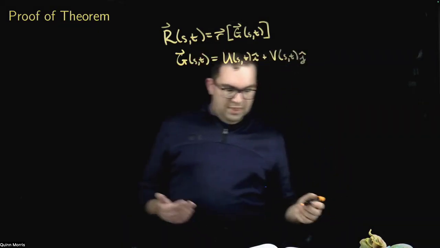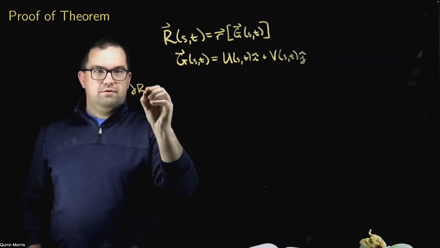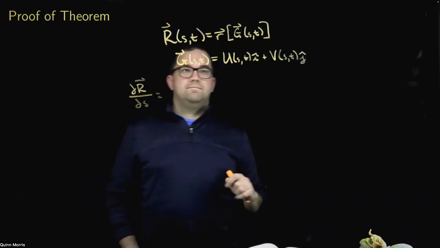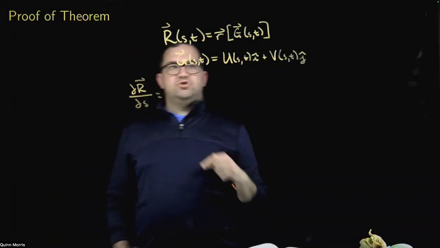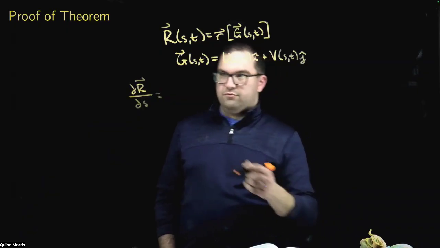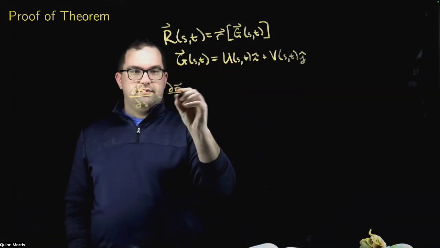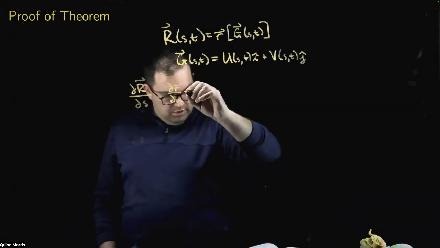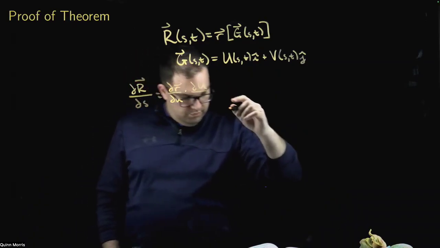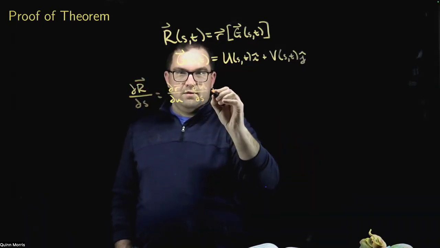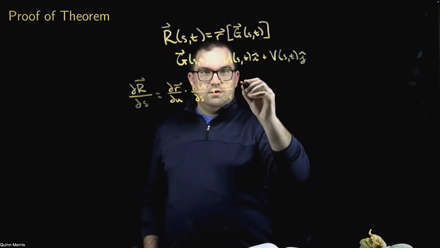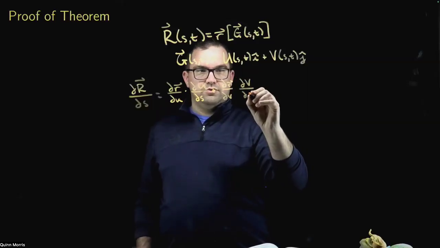So the whole idea is that you want to calculate the partial of R with respect to S. So you need to apply a chain rule. If you apply the multivariable chain rule, you get this as partial r partial u times partial u partial s plus partial r partial v times partial v partial s.